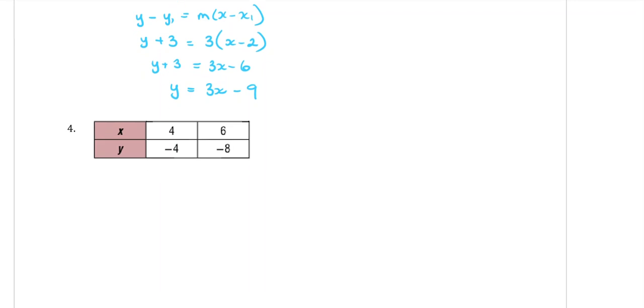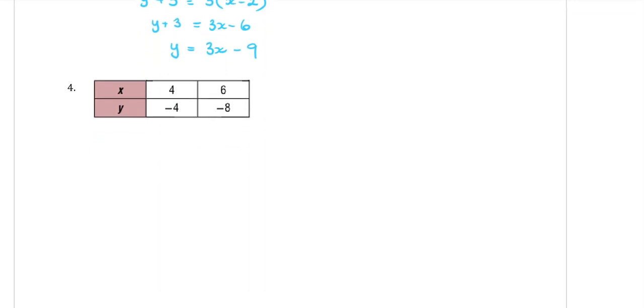Question 4. This is just, again, another way of giving the same bits of information. This is in a table, but this represents a point, and this represents a second point. So the first point, I can call this x1, y1, and this can be my x2, y2, and then I can still do it in the same manner.